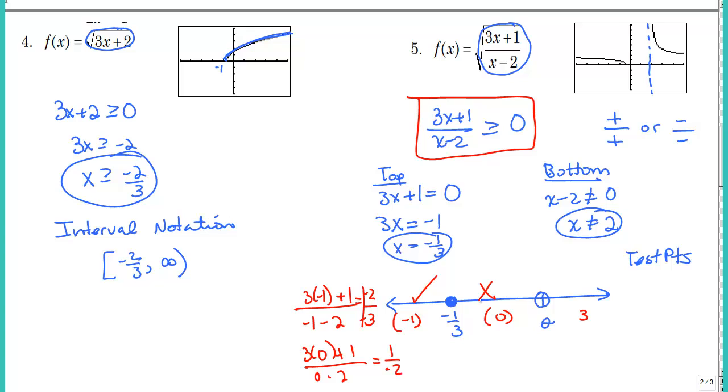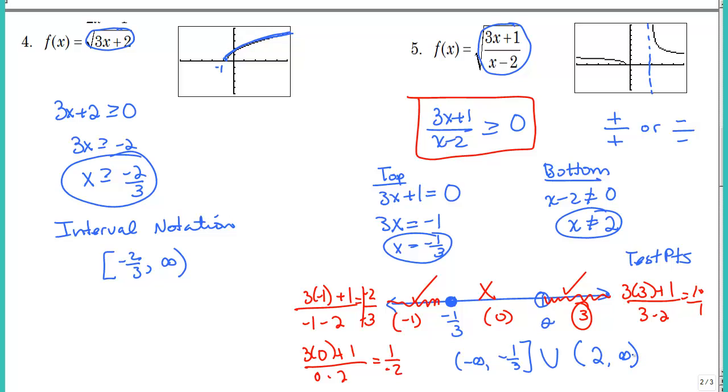That doesn't work. If I put in 3, that's 10 over 1, that's positive. So that means those values are good and these values are good. And so my domain is from negative infinity to negative 1/3 bracket, union with parenthesis 2 to infinity.